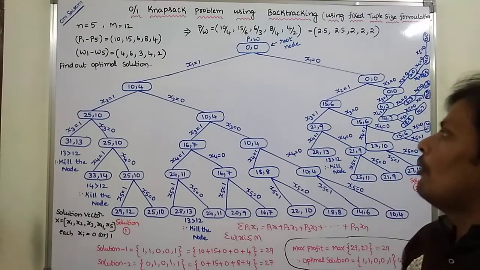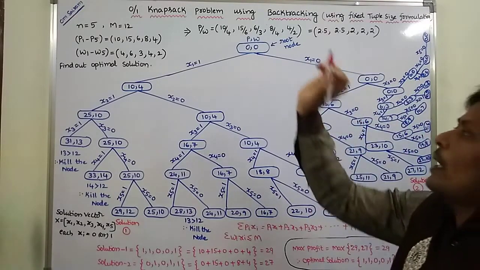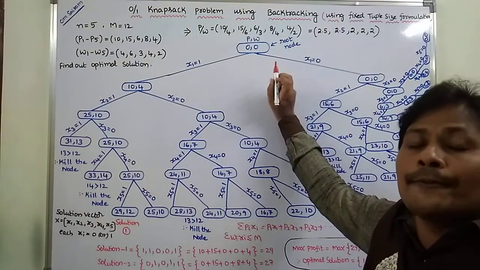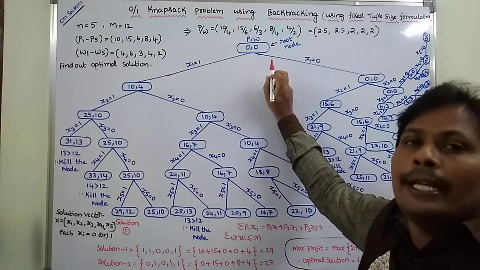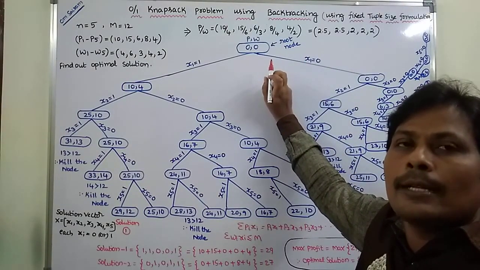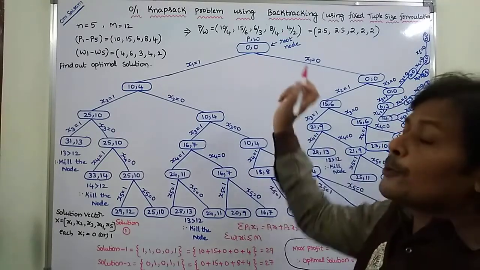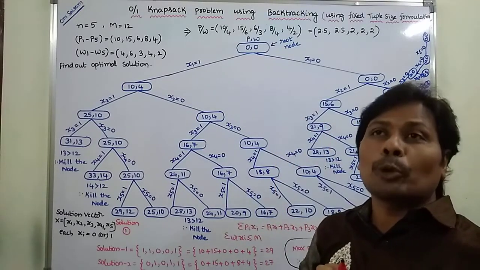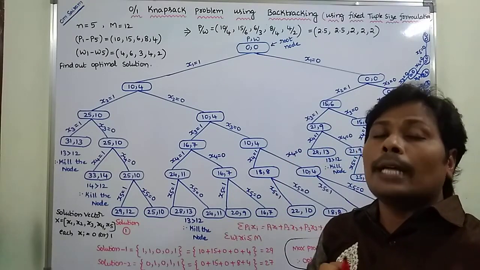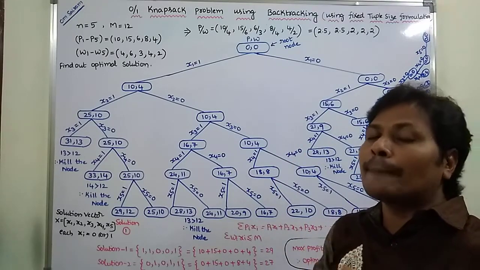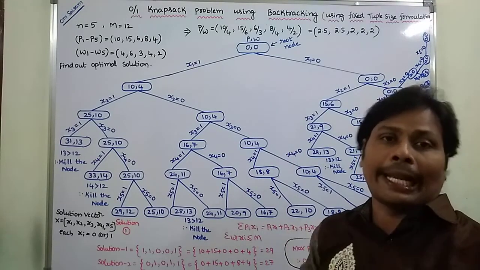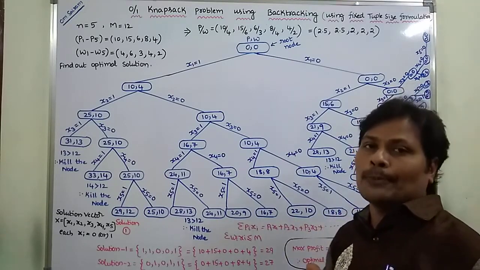Okay, now we go to this problem. Here the problem starts with a state space tree. The state space tree represents the solutions available for the given problem. Those solutions can be represented in a single tree called a state space tree.